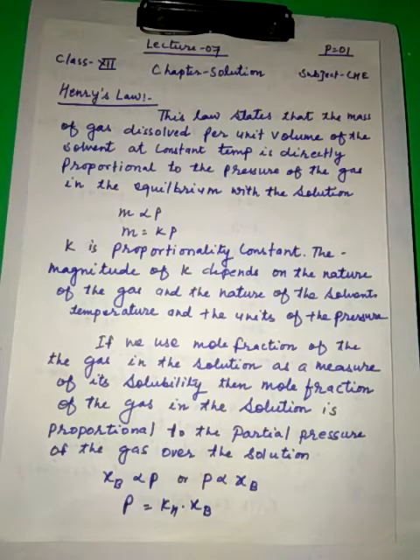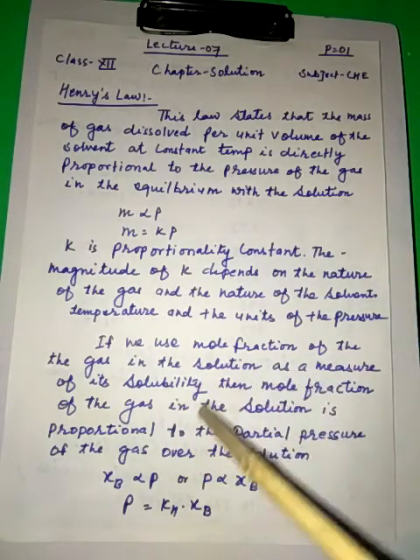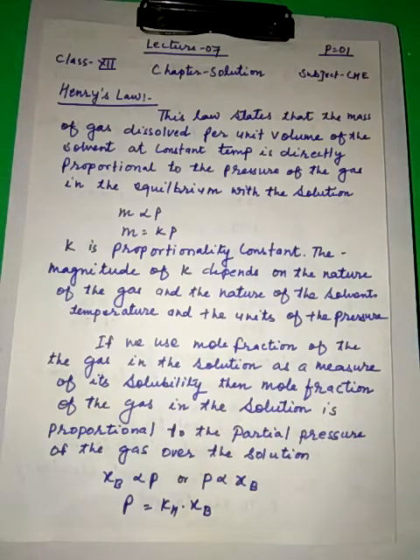If Henry's law is expressed in terms of mole fraction, then the mole fraction of the gas in the solution is proportional to the partial pressure. Partial pressure means the sum of the gaseous molecules which exert pressure on the container.